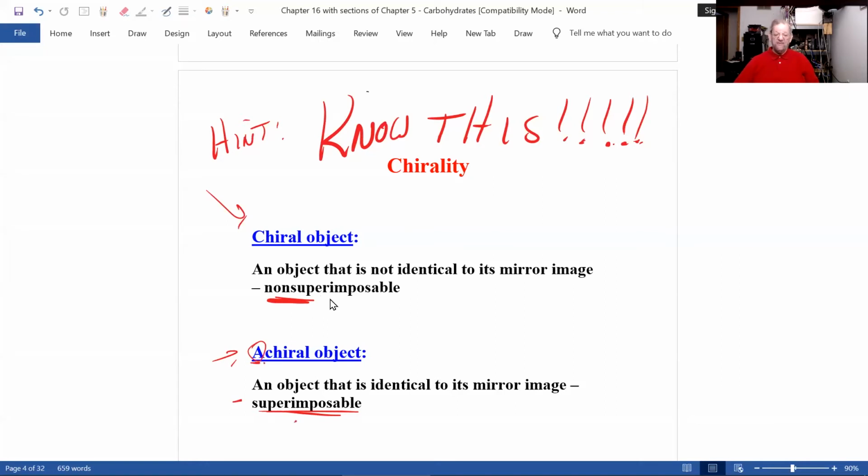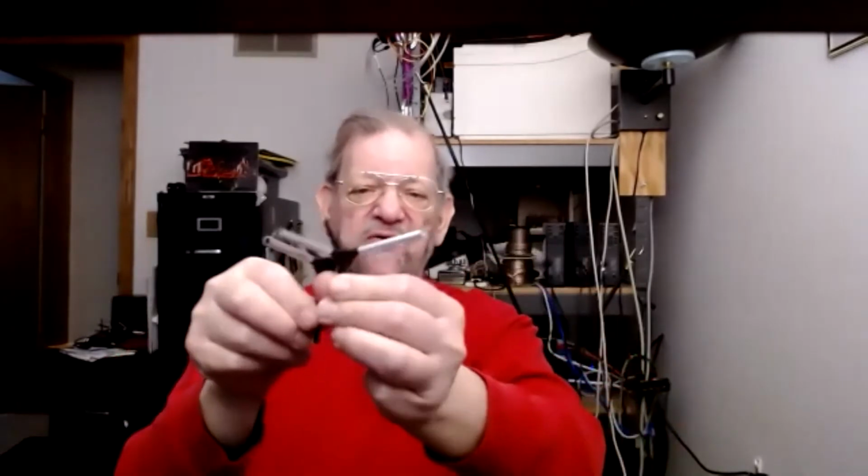Achiral, superimposable mirror image, chiral, non-superimposable mirror image. And if I'd ask you, is this model chiral or achiral? Well, here's its mirror image. There's superimposable. As a superimposable mirror image, it's achiral.